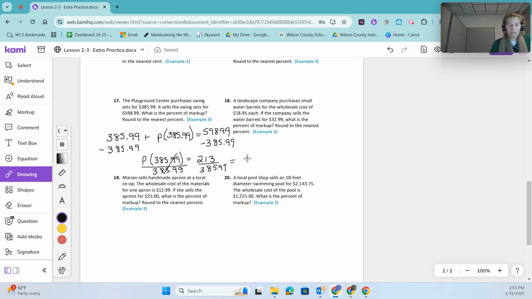And that's going to give me 0.5518, which, I multiply by 100, that's going to be 55.18%. Okay, so my percent, it says round to the nearest percent, so it's about 55% is that markup. Okay, lots of steps there. You can give those ones a try.